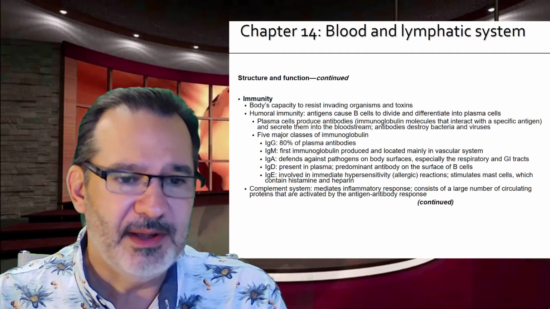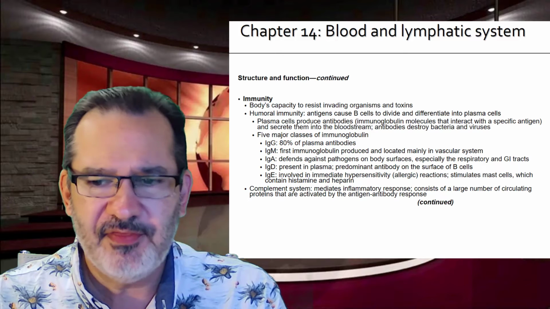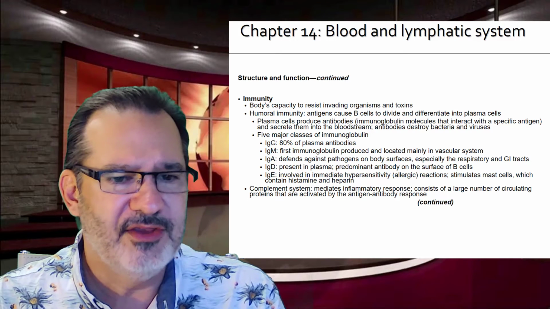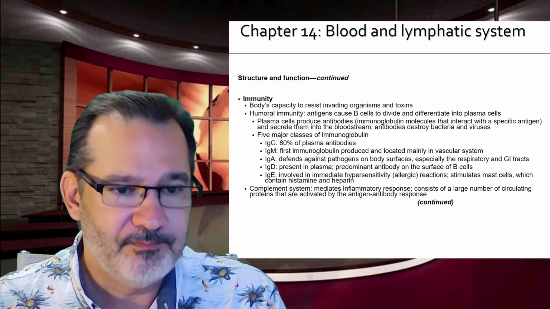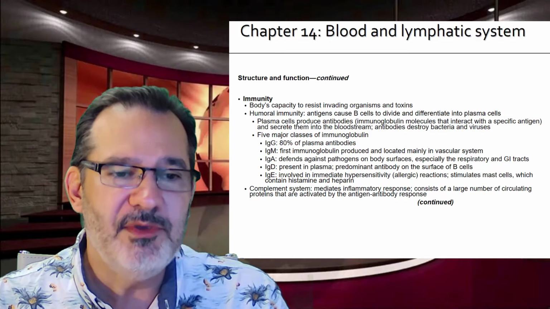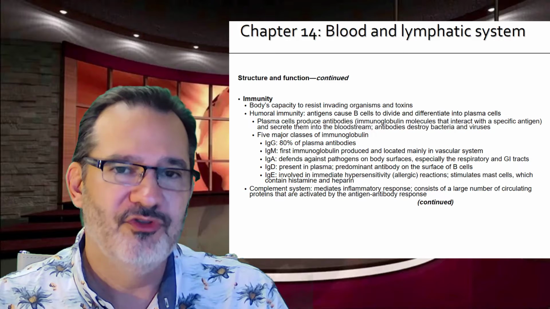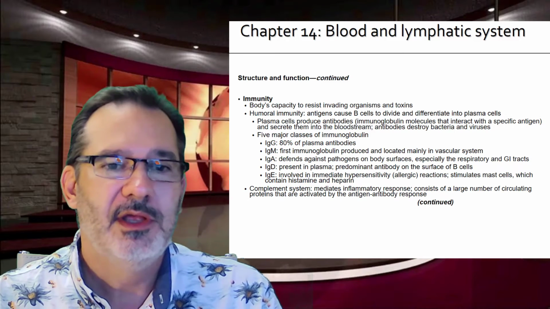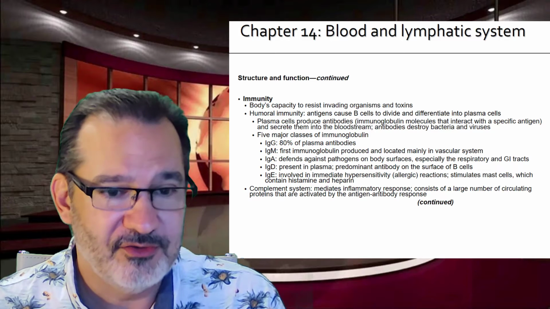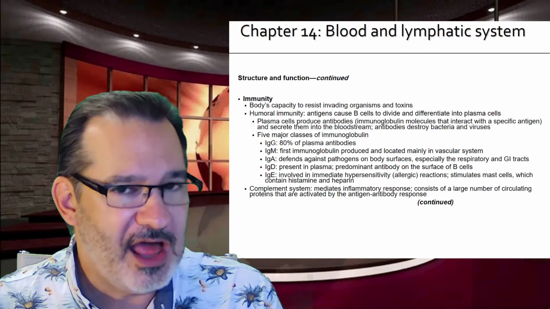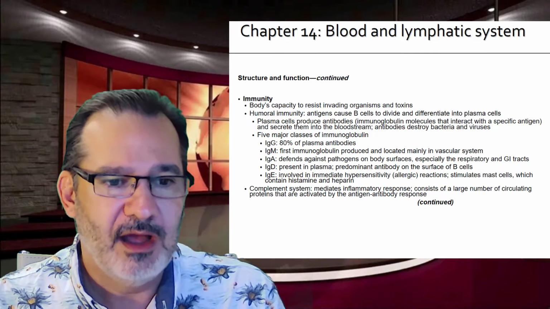Immunity. Probably the thing that I would talk about here is the 5 major classes of immunoglobulins. Immunity is the body's capacity to resist or fight off invading microorganisms or other toxins. So the 5 major classes of immunoglobulins.